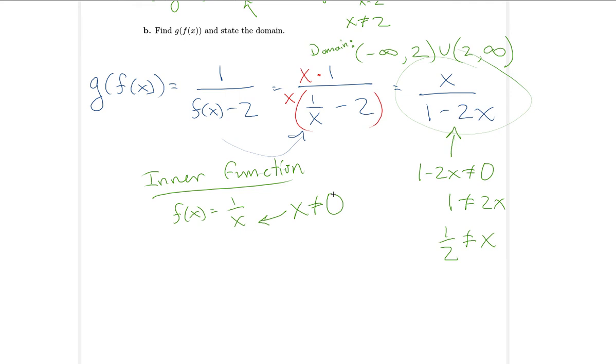So again, we combine these, all right? I can't let x be 1/2 because that causes the simplified version to go haywire. I also can't let x be 0 because that causes the inner function to go badly, even though, understand, it looks like it would be fine here, right?